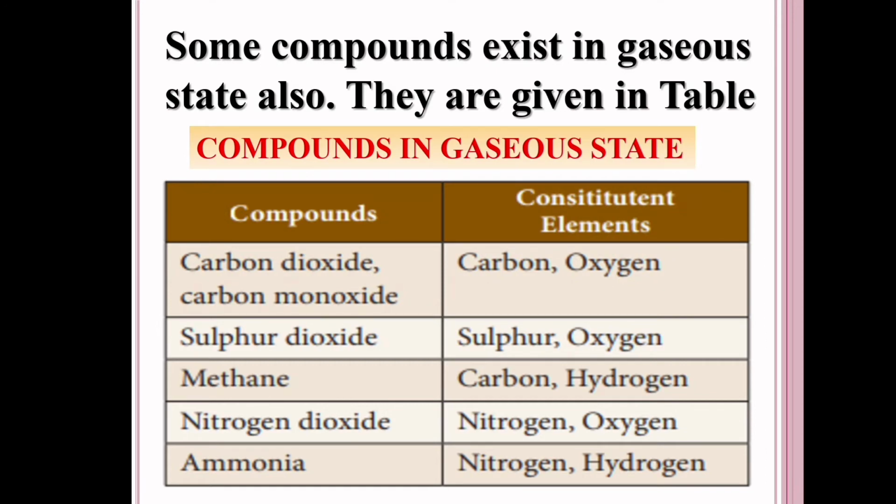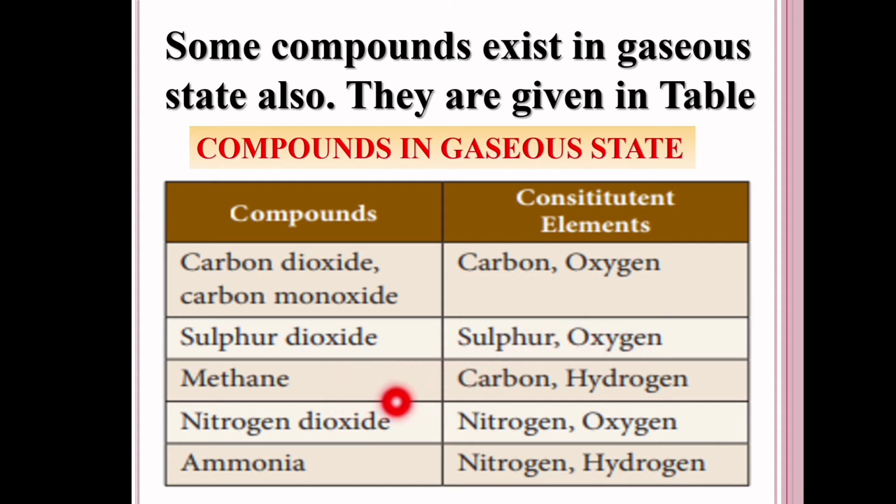Some compounds exist in gaseous state also. Compounds in gaseous state: carbon dioxide, carbon monoxide. Constituent elements are carbon and oxygen. Sulfur dioxide: sulfur and oxygen. Methane: carbon and hydrogen.